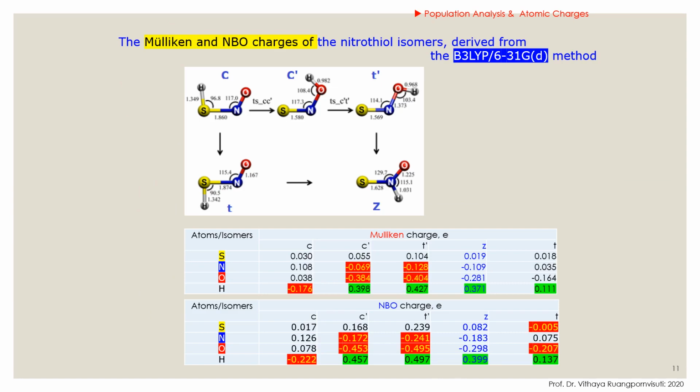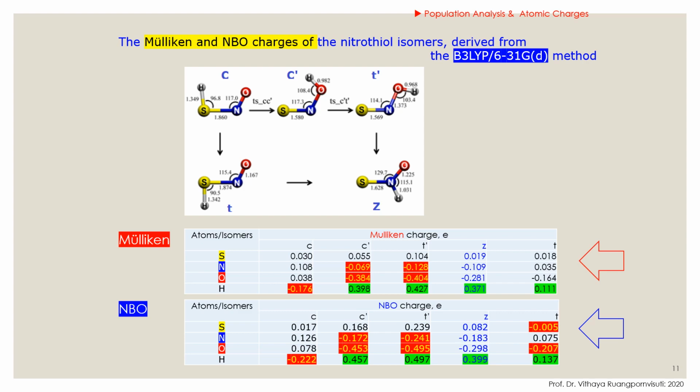The molecular and NBO charges of the nitrothiol isomers derived from the DFT B3LYP/6-31G(d) method are shown in the tables below.